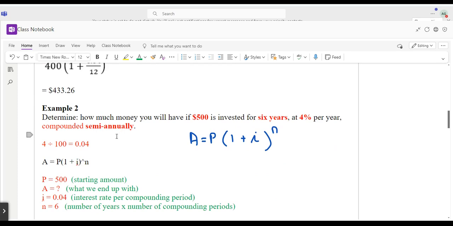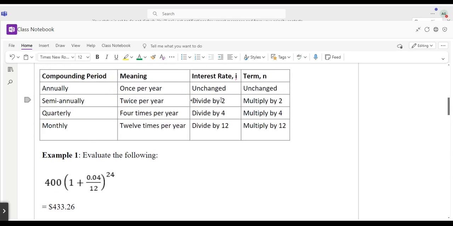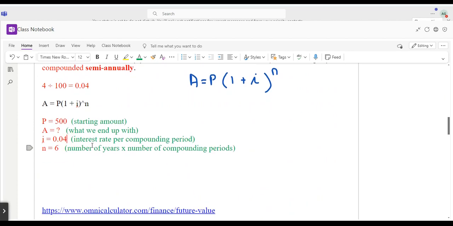So semi-annually means twice per year. So the I value must be divided by 2, and the N value must be multiplied by 2. So here, we take our I value and divide it by 2, and we take our N value and multiply it by 2. So 6 times 2 is just 12.